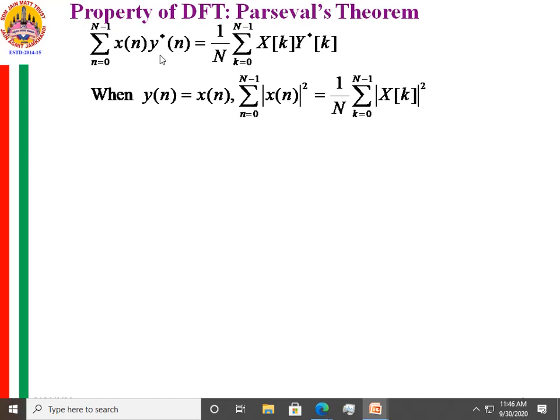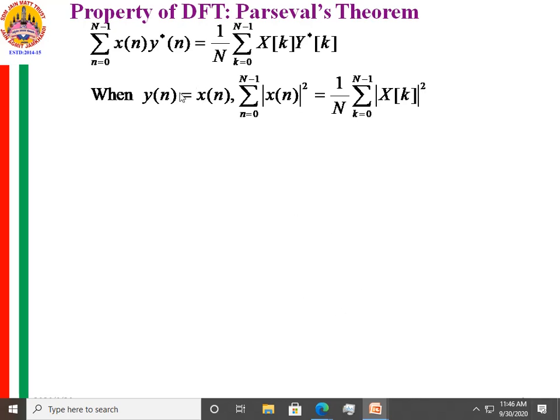When you take the conjugate of a sequence, its magnitude and the magnitude of the basic sequence remain the same. For example, suppose you have a complex term a plus jb and its conjugate a minus jb. If you obtain the magnitude of both, it is the square root of a square plus b square, which is the same.